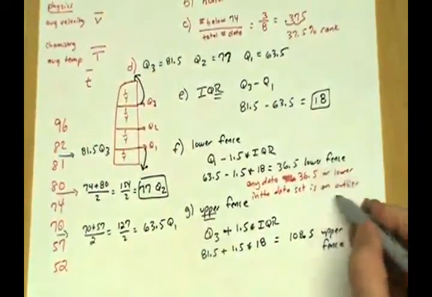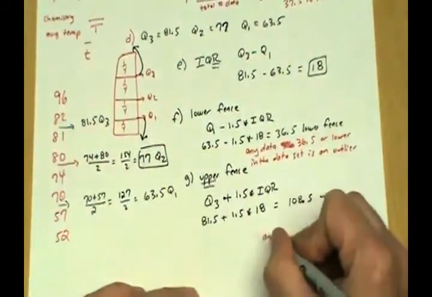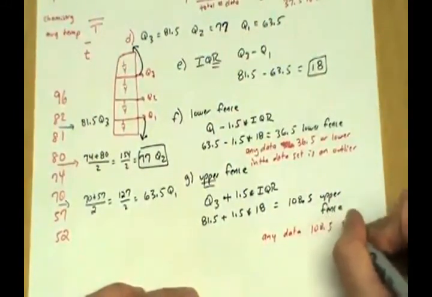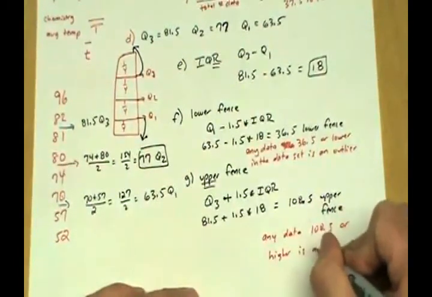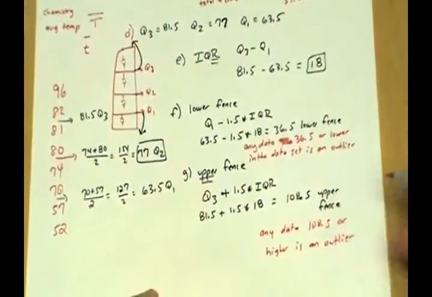So anything that or lower, because lower fence, and then for upper fence, any data 108.5 or higher is an outlier. So if you tie the fence, you're considered an outlier.